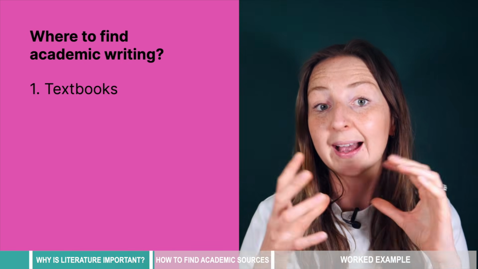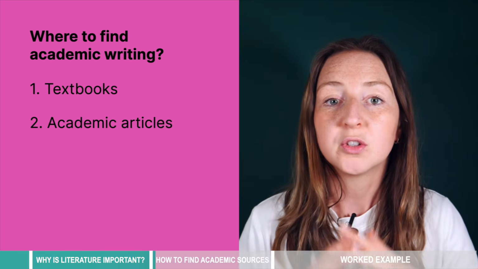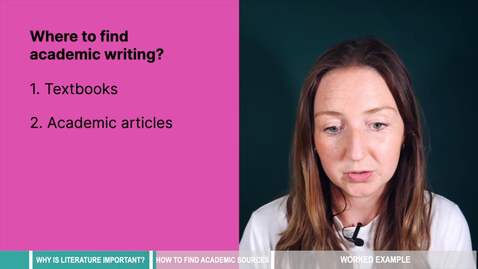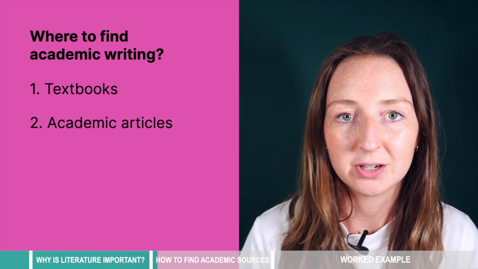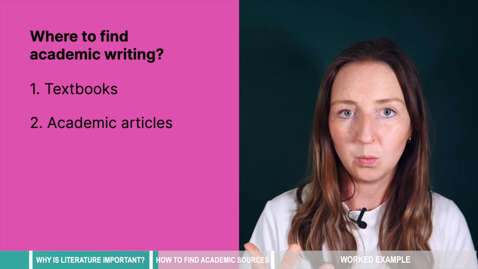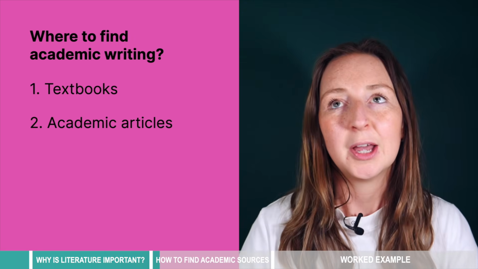In terms of academic writing, so we're talking about what researchers have found, there's a few ways you can find these articles. One big issue with academic articles is a lot of it is behind a paywall. What that means is you have to pay to access the academic articles.